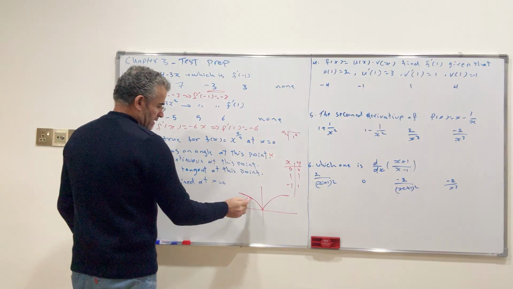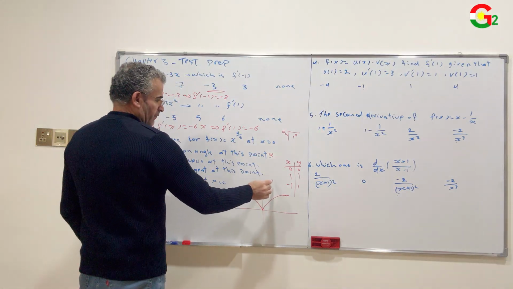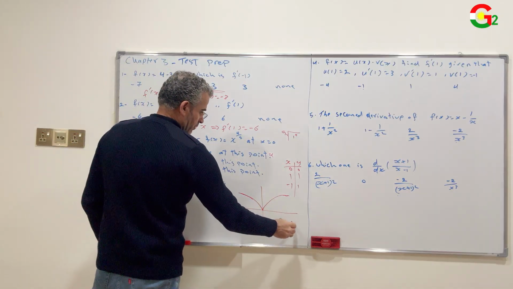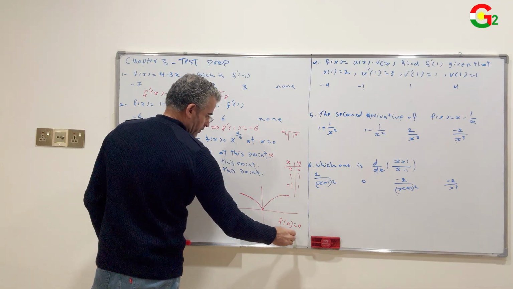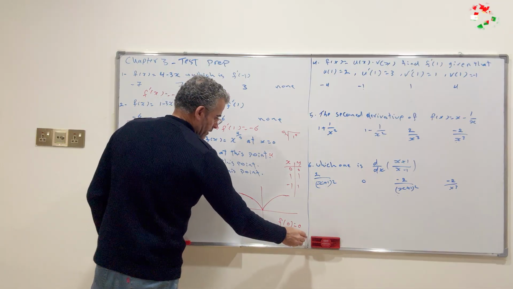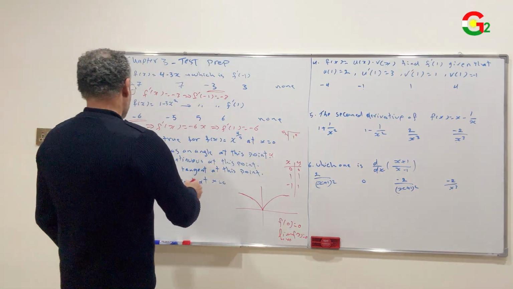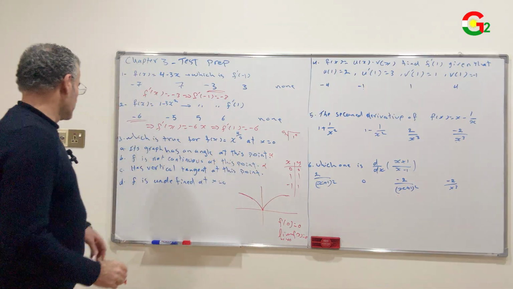F of x is continuous, as you see, since f of 0 is 0, equal to the limit of f of x when x approaches 0, which is also 0. So it is continuous. So this also is wrong.